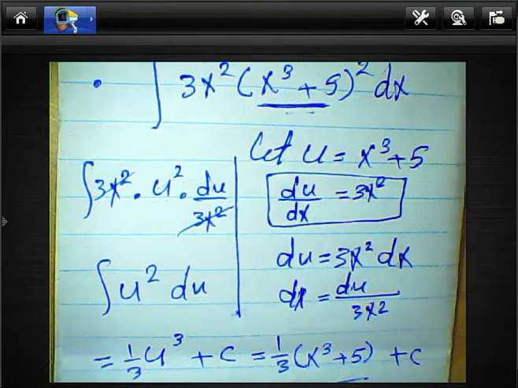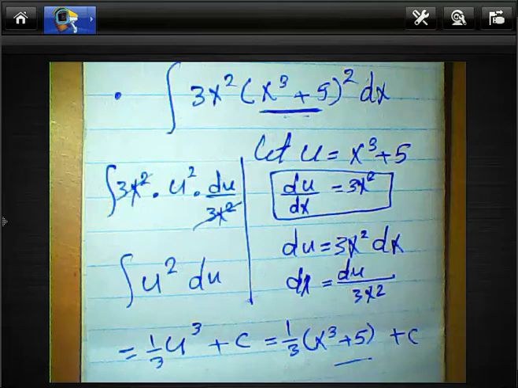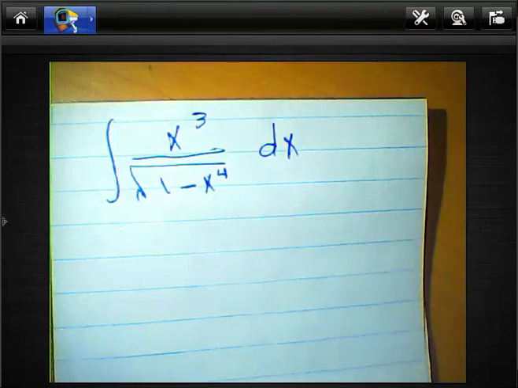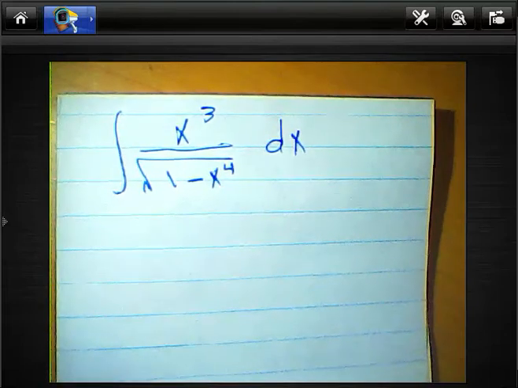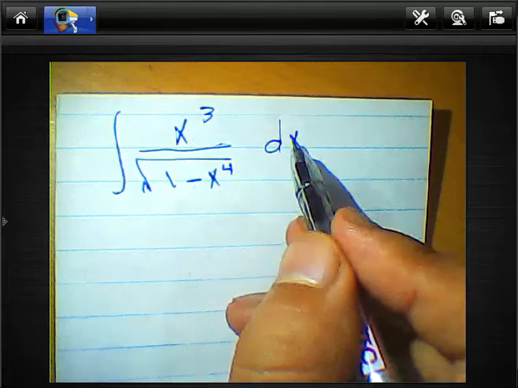Okay, another example. Look at this example. We want to integrate x power 3 over the square root of 1 minus x power 4 dx.